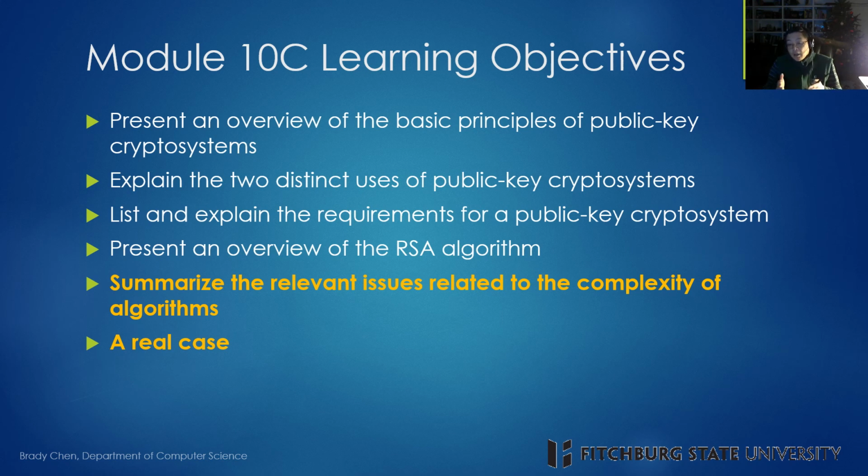The algorithm itself is very simple. The key part is the creation of the keys, the public key and the private key. There are also certain issues related to the security of the RSA algorithm, and we're also going to provide a real case for the RSA algorithm.